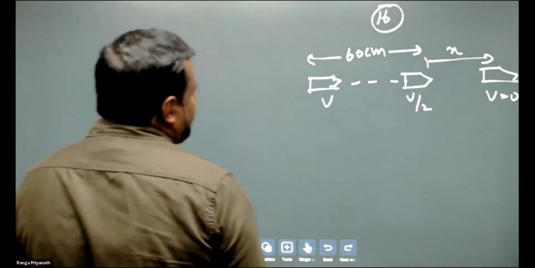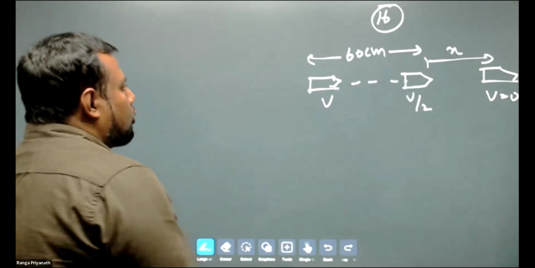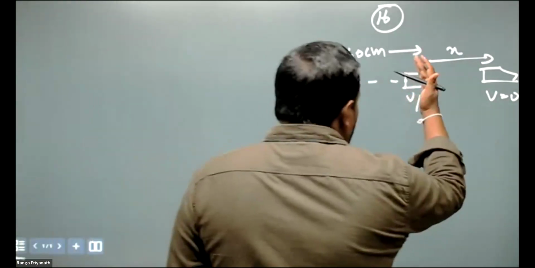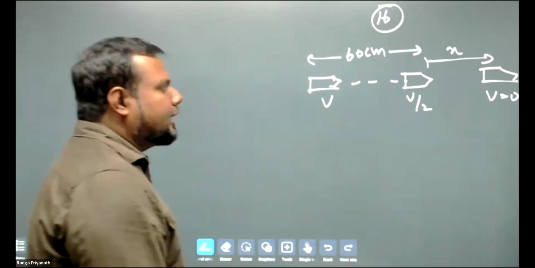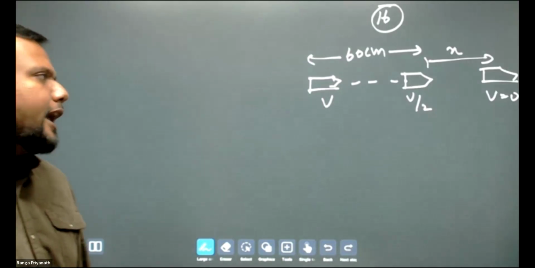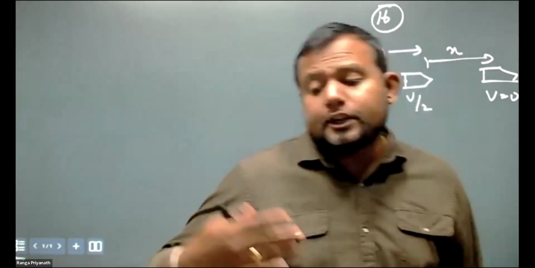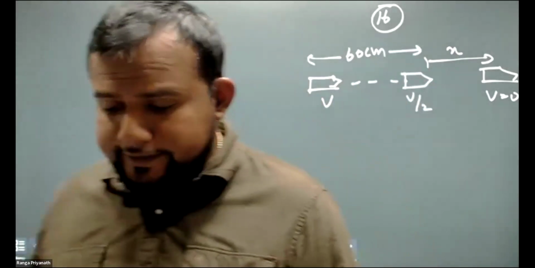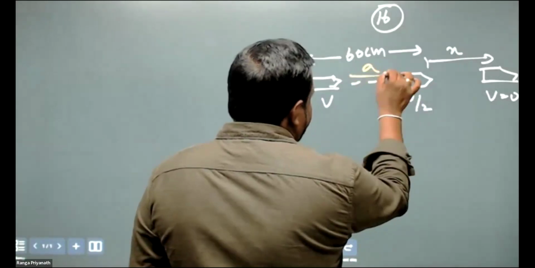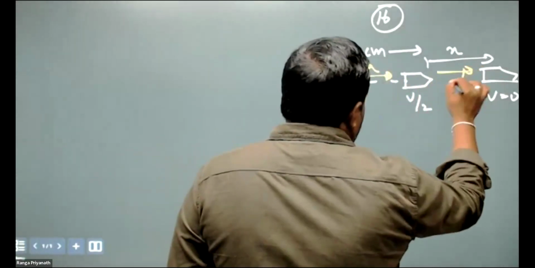You have to understand that from here to there you have a retardation, and from here to there also. They are the same, because inside the block the bullet and the wooden material are the same, so the retardation is the same. Let me take that value as a, so it is minus a.